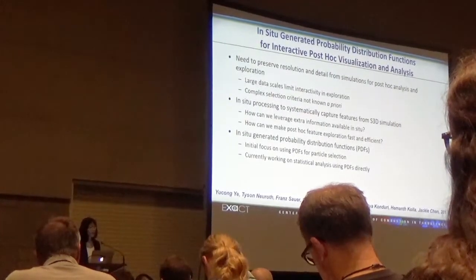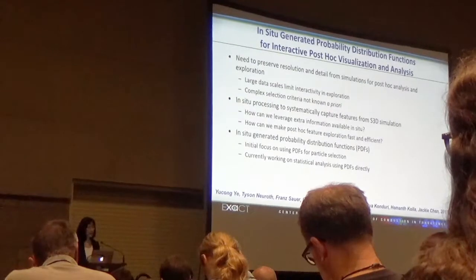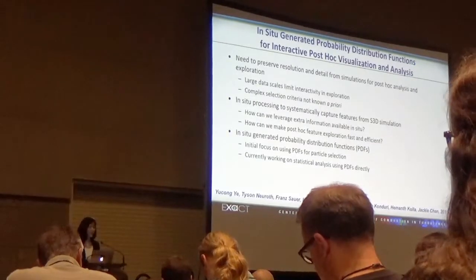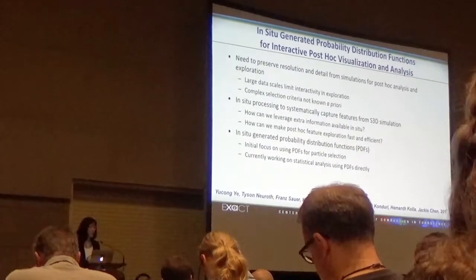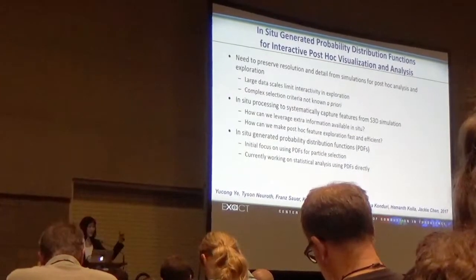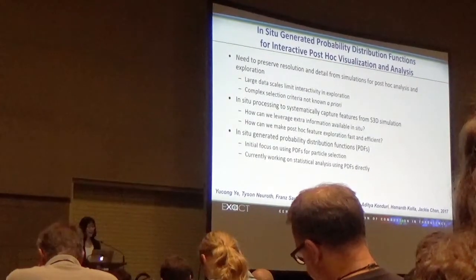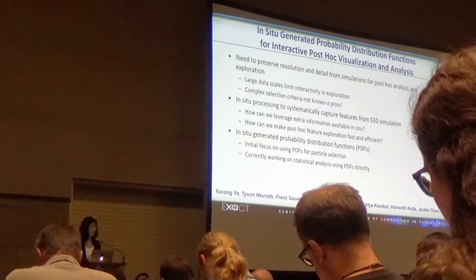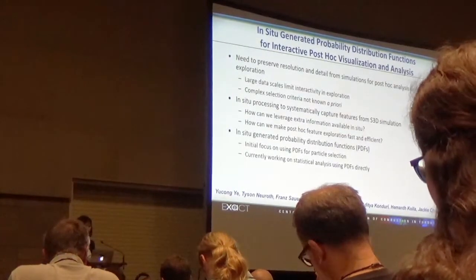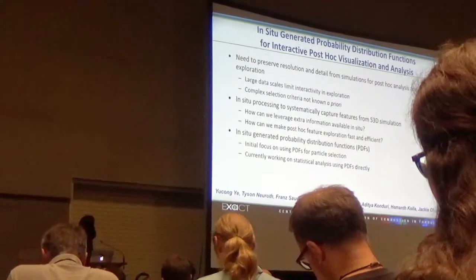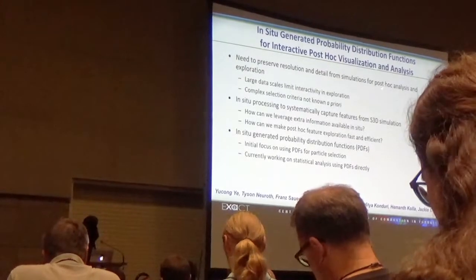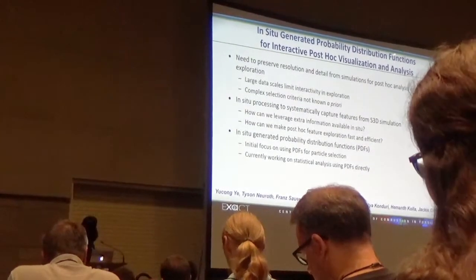And to accelerate the querying of large amounts of data, we've come up with an in-situ pre-processing approach to generate local probability density functions, or histograms, in relevant phase spaces for the scientists, that can be used to guide and filter the interactive post hoc particle interrogation and statistical analysis. So in this work, we try to preserve the resolution and detail from the calculations for later post hoc analysis.